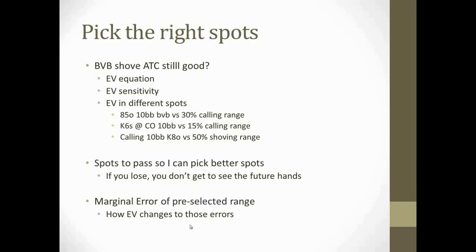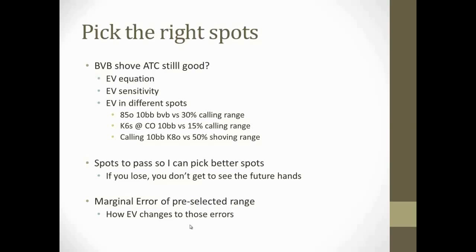So for example, my steal percentage might be 30%, but when I notice the big blind and small blind are really tight, I am opening up to like 70%. And if I know they are really aggressive, they reshove a lot, I'm just gonna steal like 15%. So my range adjusts a lot to people's range. So we want to include those kinds of marginal errors when we shove.